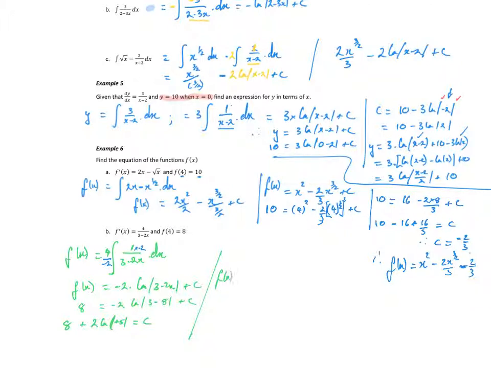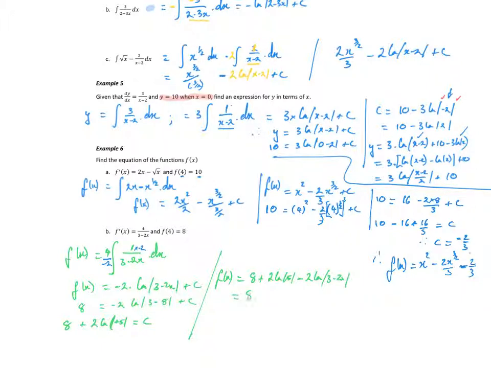So my function, f of x is equal to, what's it equal to? It's equal to, let's write our constant first, 8 plus 2 natural log of 5 minus 2 natural log of 3 minus 2x.